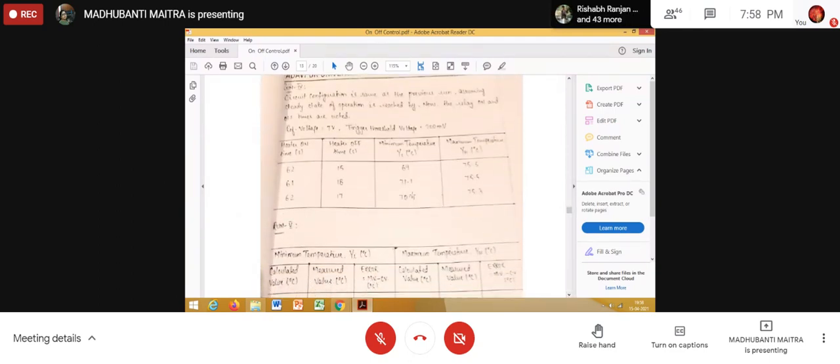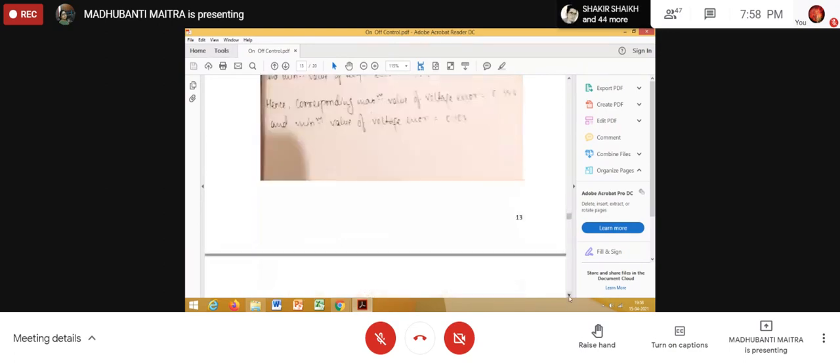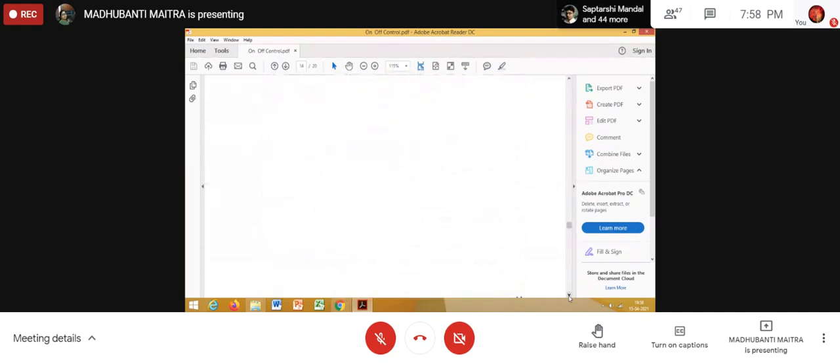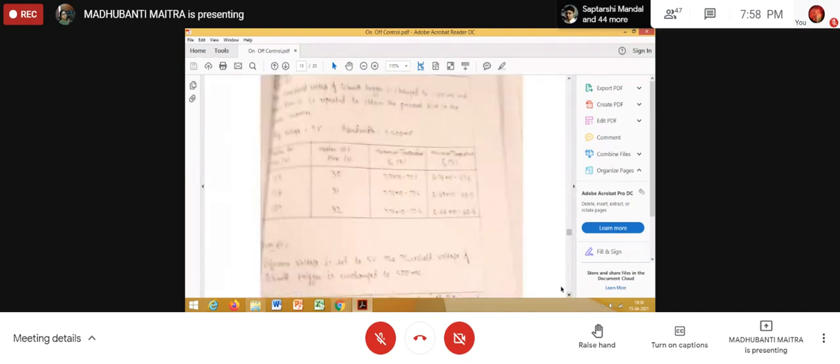I am not discussing this. This is the heater on. The sequence is incorrect. This sequence is correct: heater on time is associated with maximum temperature, and heater off time should be associated with minimum temperature.